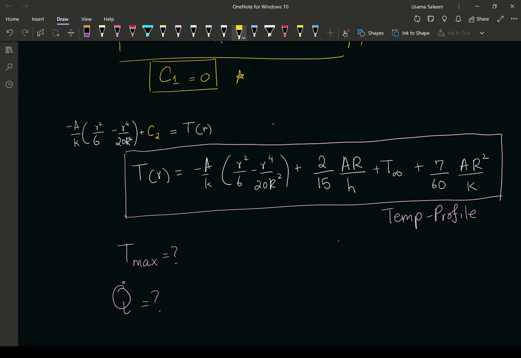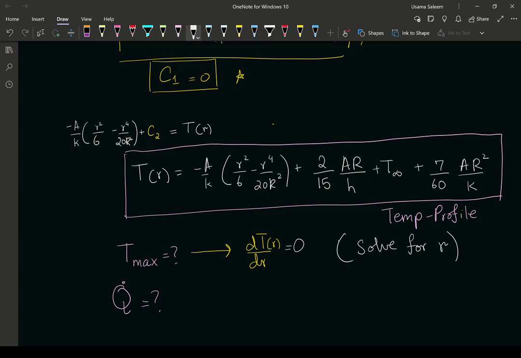But how are you gonna find the maximum temperature? Just take the derivative of your temperature profile and set that equal to 0, and then solve for the value of r that gives you the first derivative as 0.